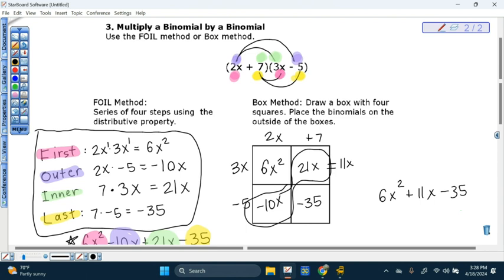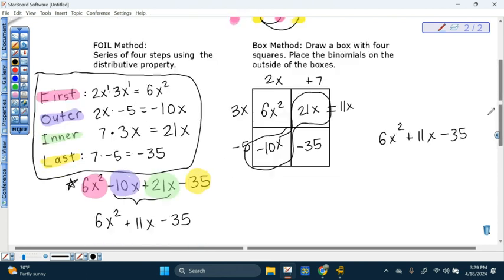What do you prefer? All right. I got a couple of FOIL. Everybody has said box method all day long, but I like the FOIL method better. It's easier to process. And again, for this, you don't have to write all of this. You could just skip right there.